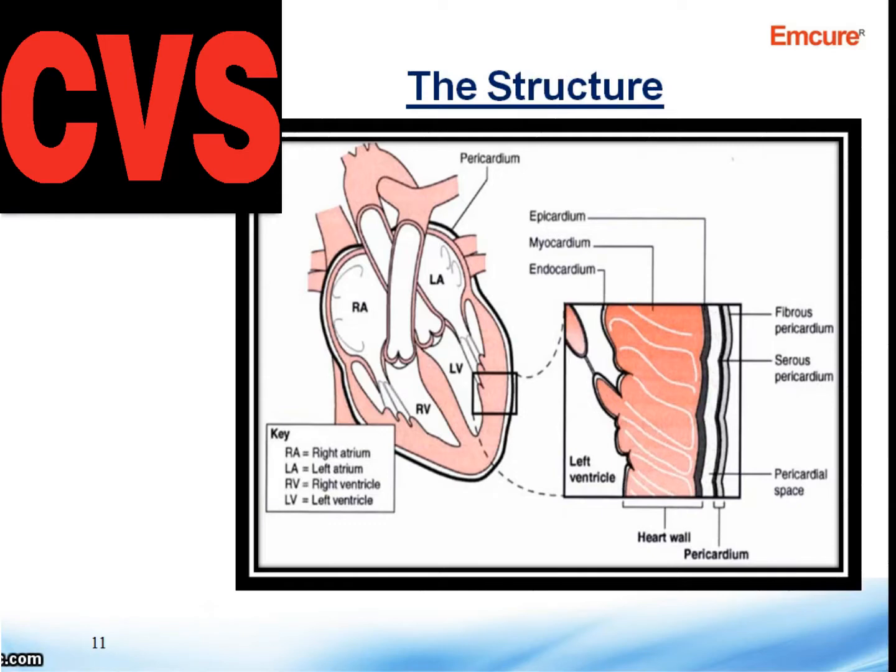The major function of this pericardial fluid is to act like a shock absorber, and at times due to inflammation it gets infected, and from a straw colored fluid it becomes thick, deep red or deep yellow colored.